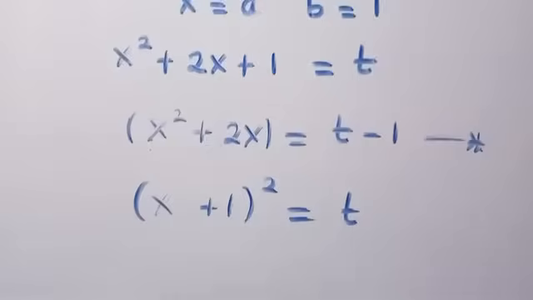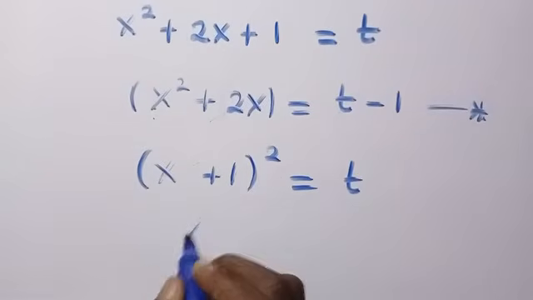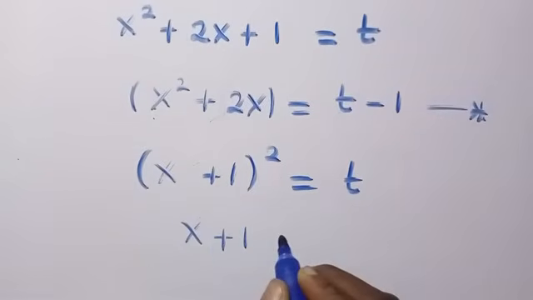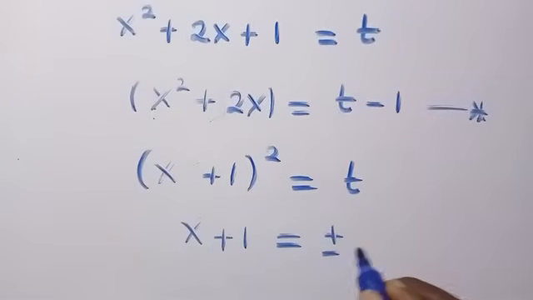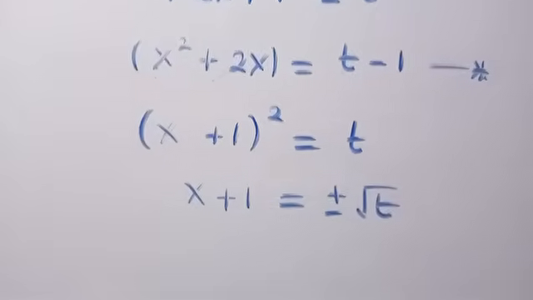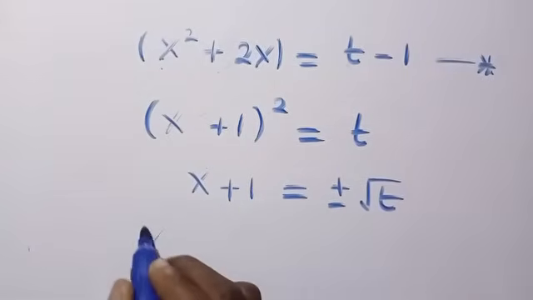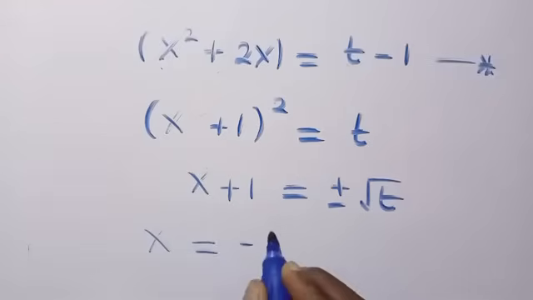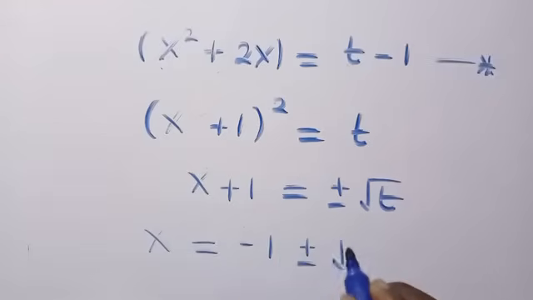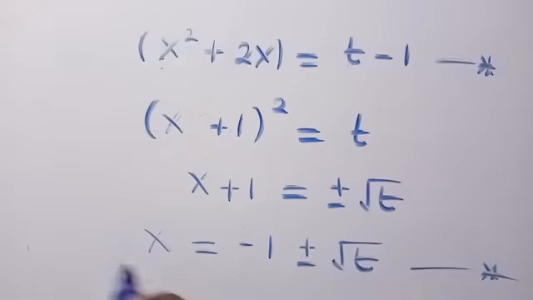By taking the square root of both sides, we introduce plus or minus, as we have x plus 1 equals plus or minus the square root of t. Then, by transferring 1 to the other side, we have x equals minus 1 plus or minus the square root of t. This is what we have for x as the subject of the formula.